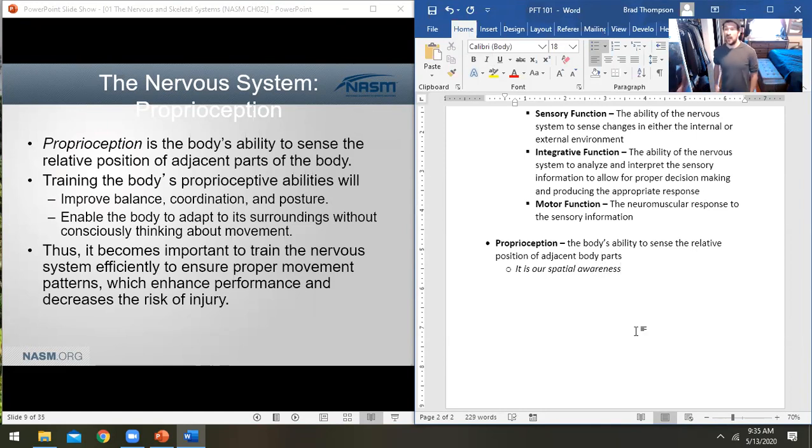If I were to close my eyes, I can walk forward here and place my hands on my mouse and keyboard. I'm able to do that because I may have my eyes closed, but I know from the last thing that I saw how far away my desk is, and I know how much distance I'm covering with each step.